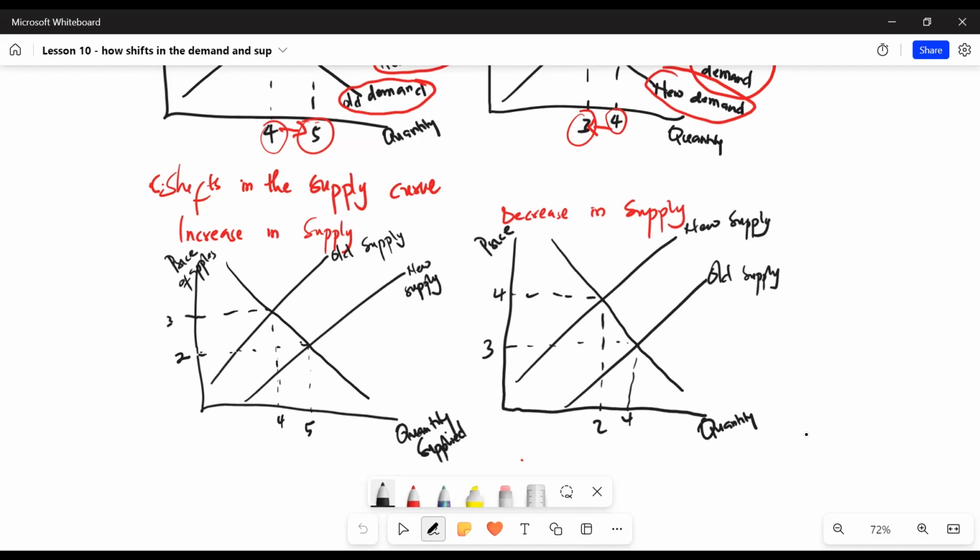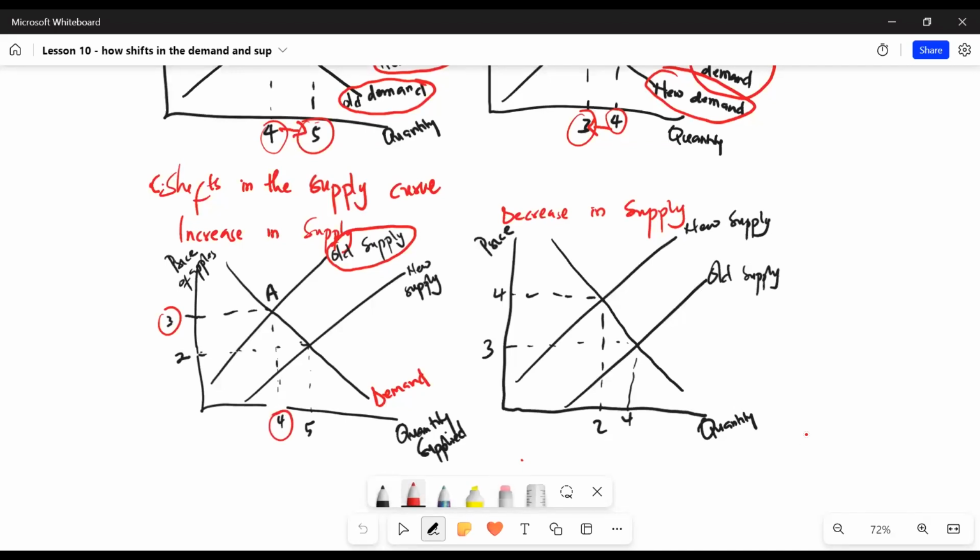If we start from equilibrium point A, which is shown using our old supply curve and our demand curve, at this point, price is 3 and quantity is 4.